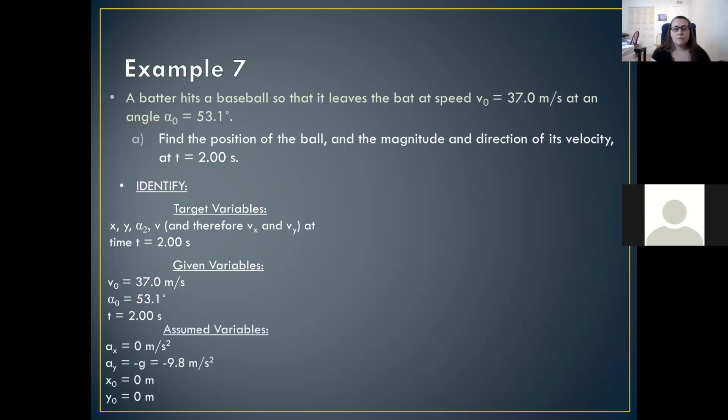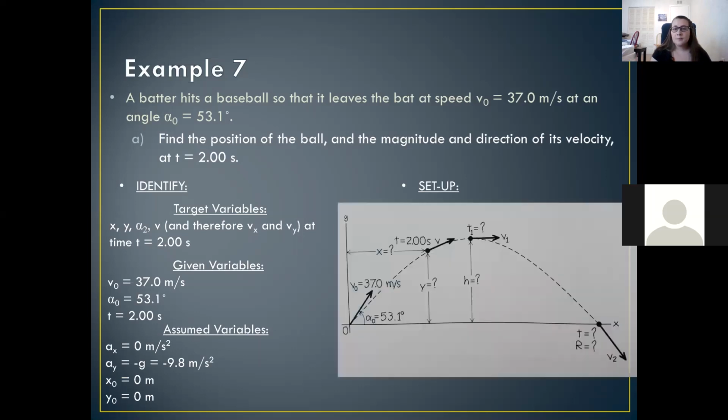And again, we're going to assume the same things that we did in the last example: a constant 0 acceleration in the x direction, a constant negative 9.8 meters per second squared acceleration in the y direction, and our origin is where our position in both directions is 0. So to set up, here is our drawing.